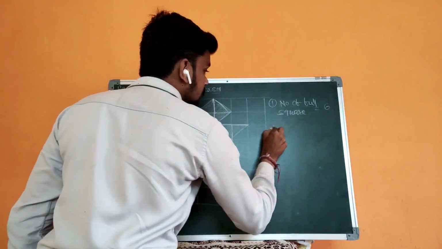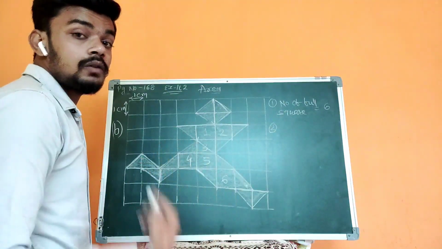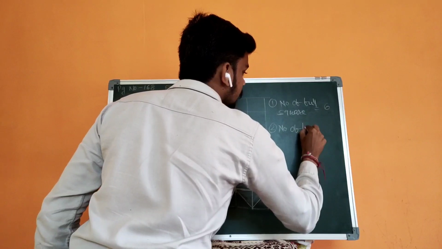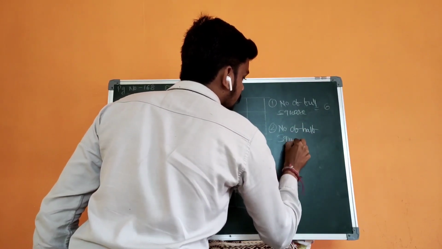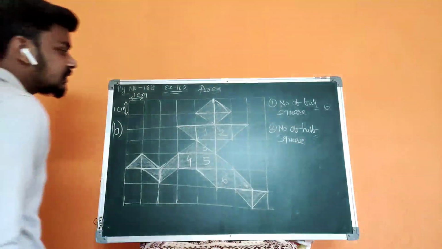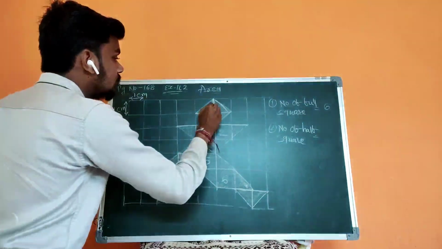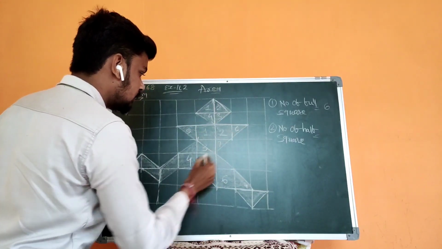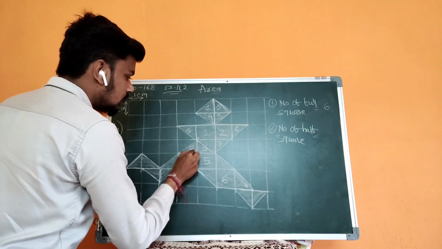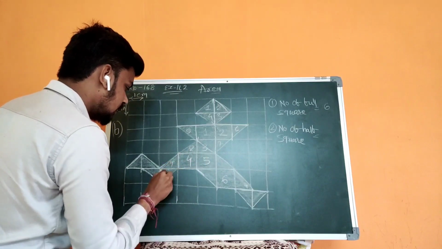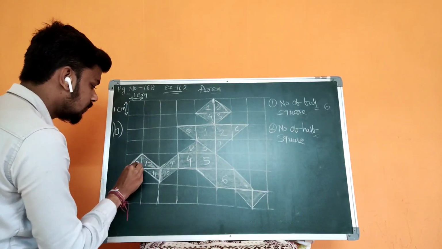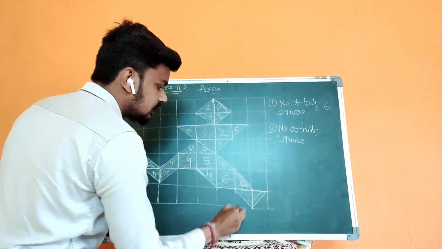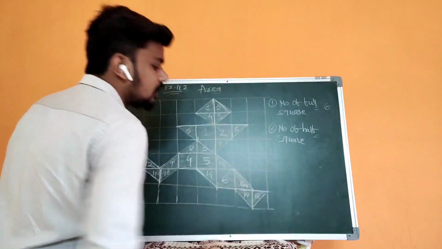Now second, what we have to find is the number of half squares. Write: number of half squares is equal to, let's count, starting from here: 1, 2, 3, 4, 5, 6, this is 7, this one is 8, 9, 10, 11, 12, 13, 14, 15, 16, 17 and 18.